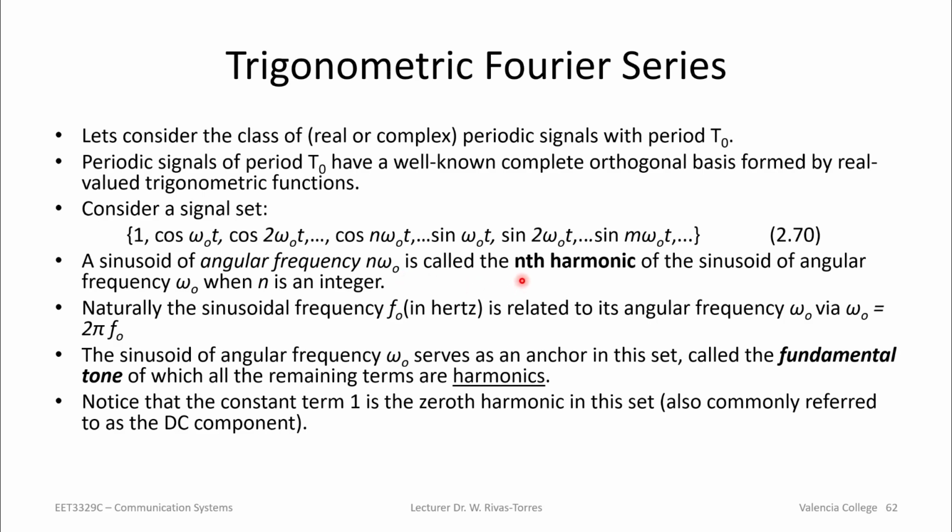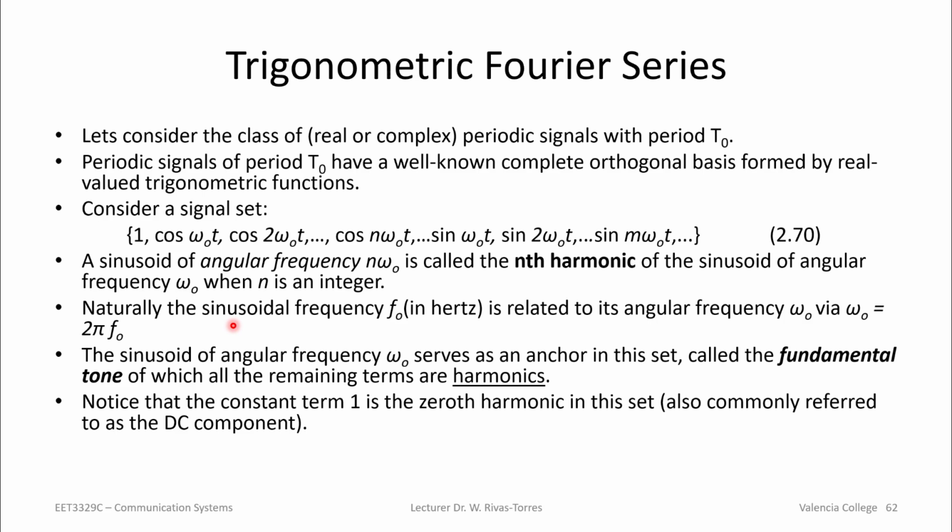So as you increase n, which is an integer, you could talk about it in terms of radian frequency or normal frequency, in hertz or in radians per second. It doesn't matter. We'll still call them harmonics. It turns out that if n equals 1, we actually call that the fundamental tone or the fundamental frequency.